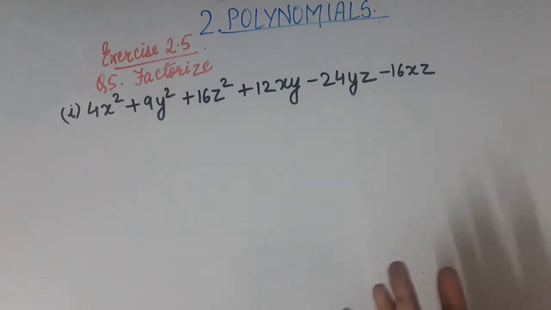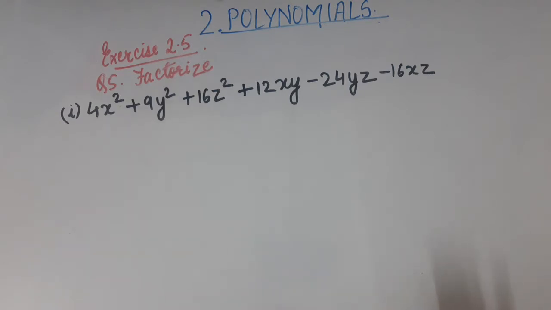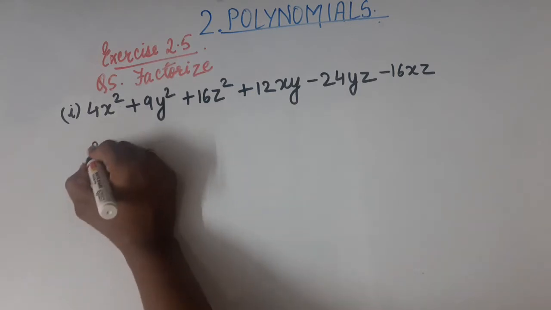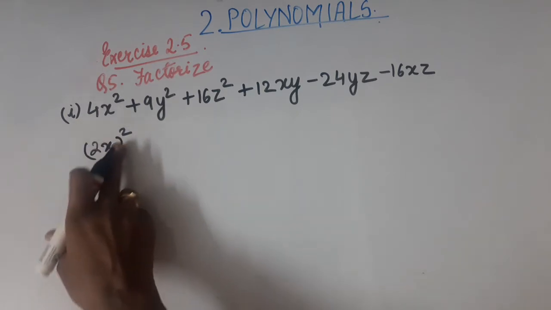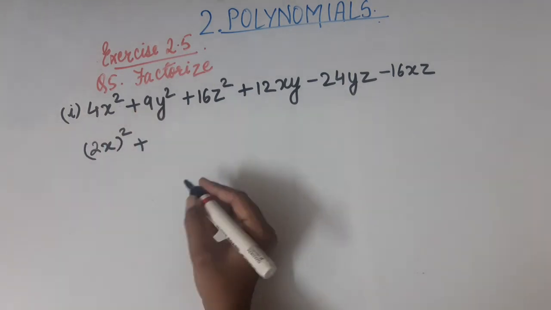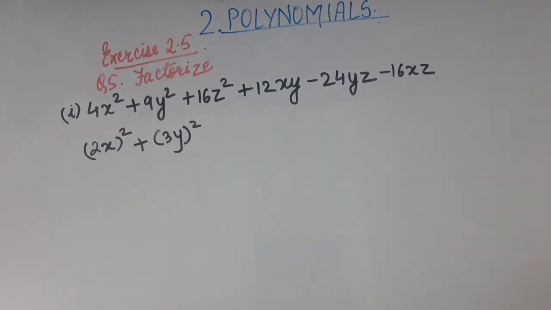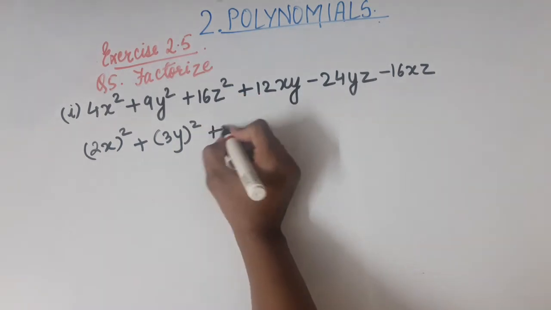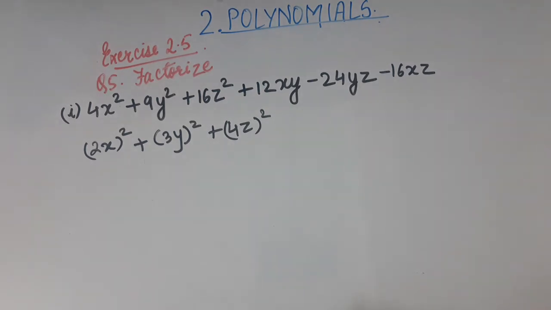Let's rearrange the question and try to find the hidden identity. 4x square, I can write as 2x whole square. 9y square, I can write as 3y whole square, since 9 is the perfect square of 3. 16z square, I can write as 4z whole square, since 16 is the perfect square of 4, right?